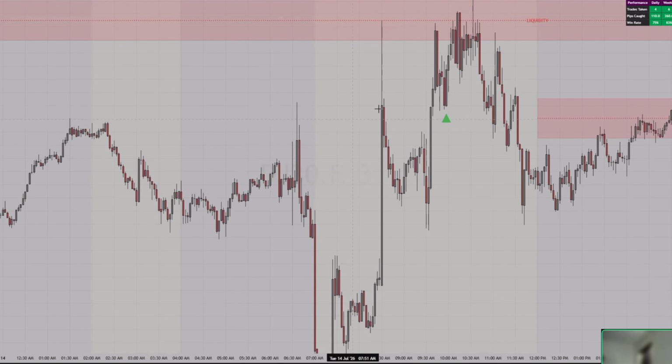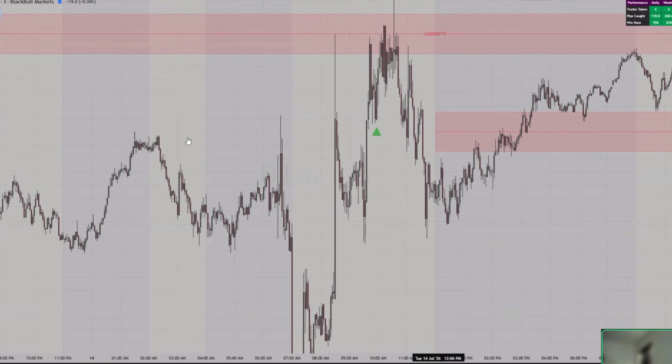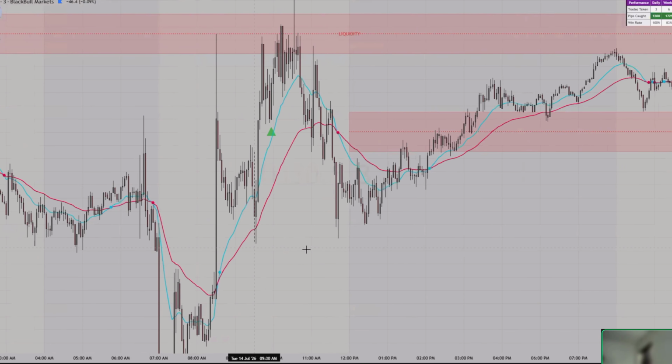So we can take advantage of something like this, which is a nice 150 pip move. It is just a pullback, but if we're pairing this up with, where did my indicators go? If we're pairing this up with the Koze cross, right? So you can pair these indicators up together as well.